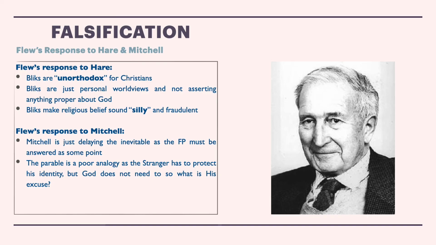He believes the stranger has to protect his identity, but God does not need to do this because he's omniscient. He's omnipresent. So what is God's excuse when it looks as if he's on the side of the enemy, when he's not answering prayer?